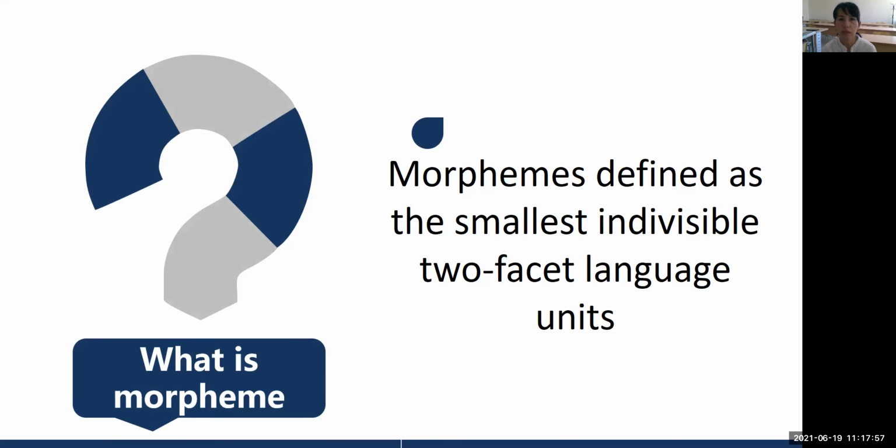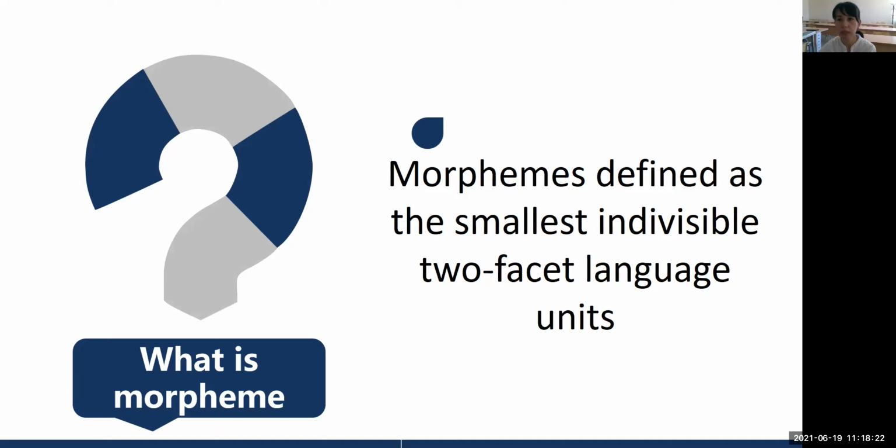For example, the word teacher consists of two morphemes. Teach is a root morpheme, and this is meaningful. And -er is a non-root morpheme, and this is meaningless. So the morpheme is the smallest two-faced language unit.